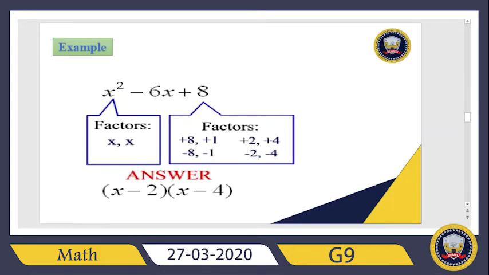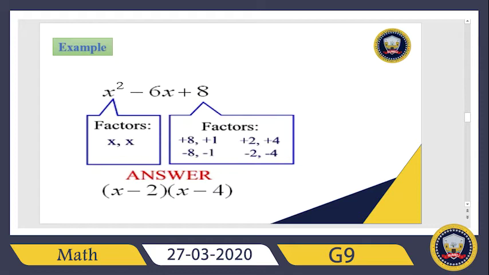Let's take another example. Factor this trinomial: x squared minus 6x plus 8. Please bring a piece of paper and start writing with me. Here it is a clear trinomial.